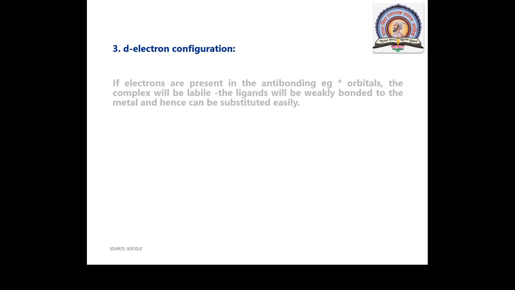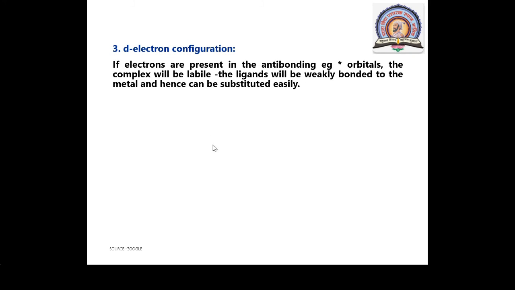The third factor is d electron configuration. If electrons are present in antibonding, that is eg* orbitals, the complex will be labile. The ligand will be weakly bonded to the metal and hence can be substituted easily. Means if a complex is more labile, it is less inert.